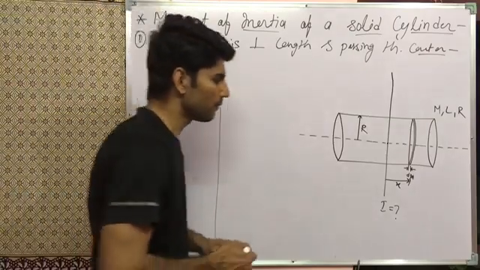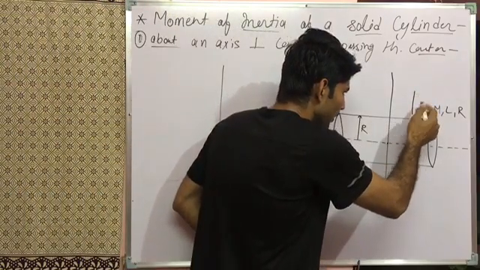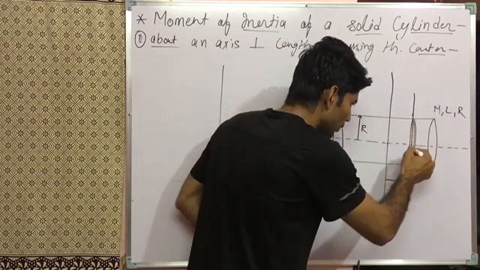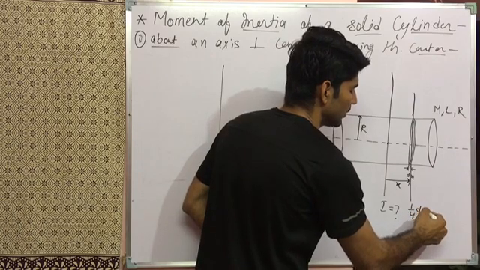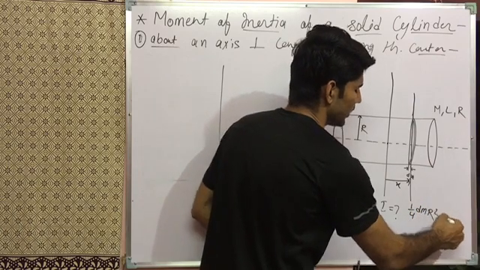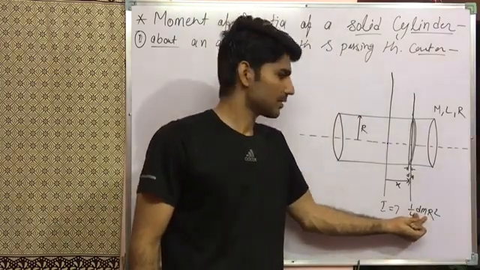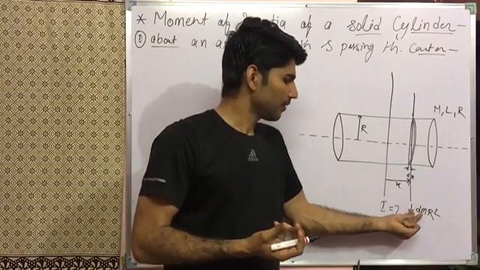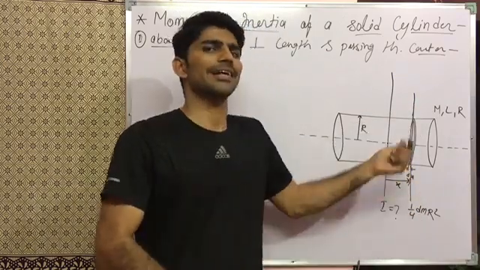First I write the moment of inertia about this axis for this small disk, which is 1 by 4 dm r square. R is the radius of this disk, dm is the mass of this disk, and 1 by 4 because this is the axis along its diameter.